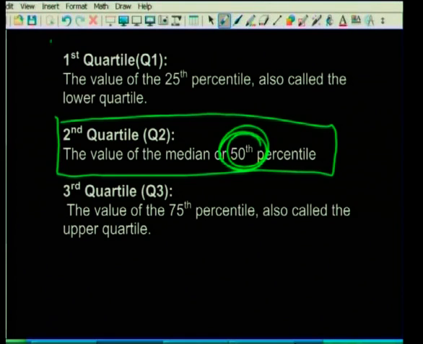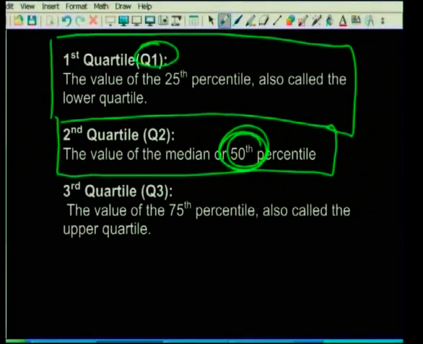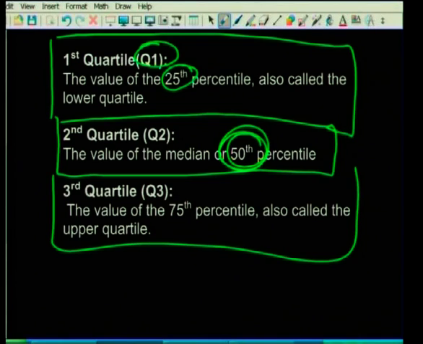Then Q1 divides the lower half of the data, the lower 50%, into 2 bits. So Q1 corresponds to the 25th percentile, and then Q3 to the 75th percentile. So 1/4 and 25 over 100 for the percentiles is the same. 1/2 and 50 over 100, and 3/4 and 75 over 100 come to the same thing.